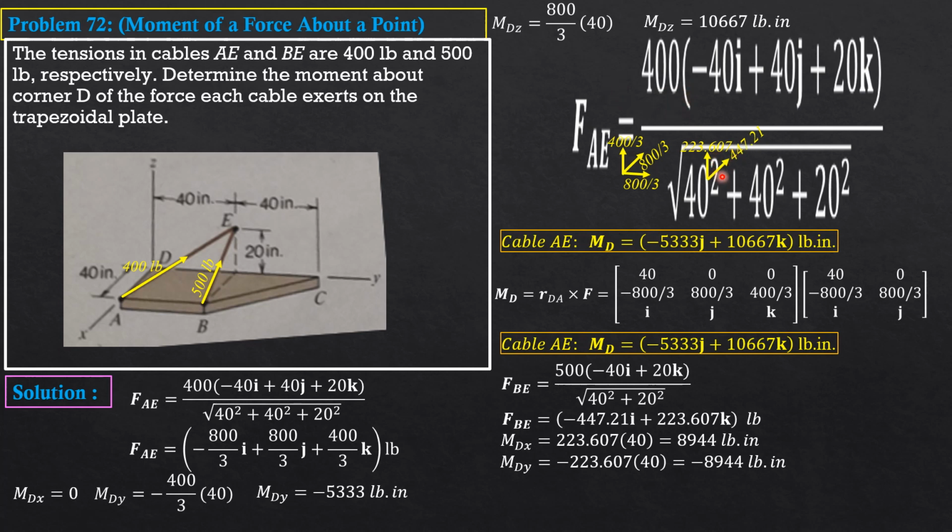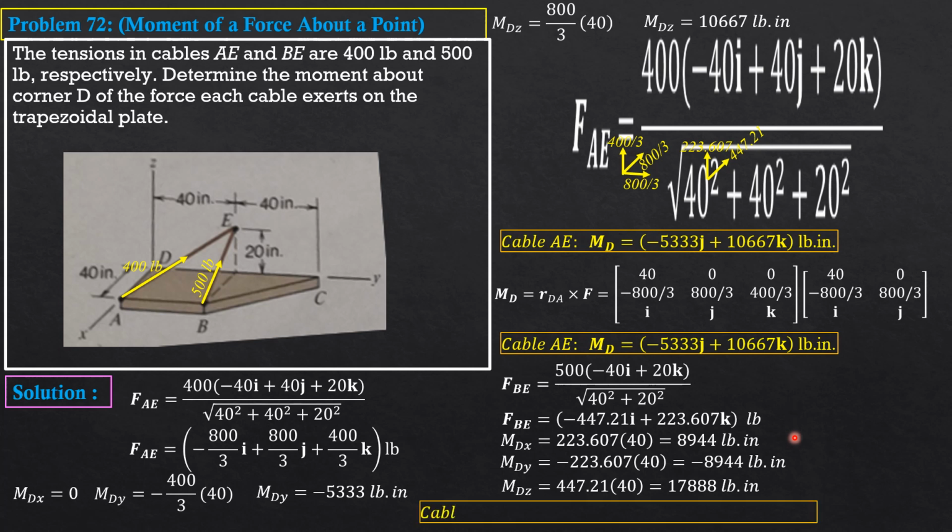So this is parallel, so 0. So positive 447.21 times 40 inches, MDz. And in vector form, the moment about D due to the tension in cable BE is equal to 8944i minus 8944j plus 17888k pound inch.